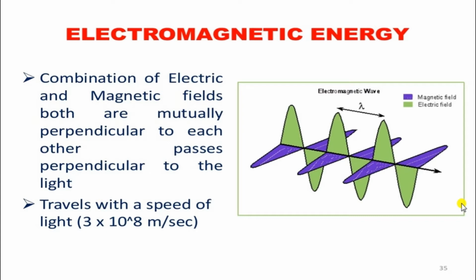Its travel speed is the speed of light, 3 into 10 raised to 8 meters per second. We studied that phenomenon in physics in our science topics. So the magnetic field and electric field are both perpendicular, and their wavelength may be different or the same.